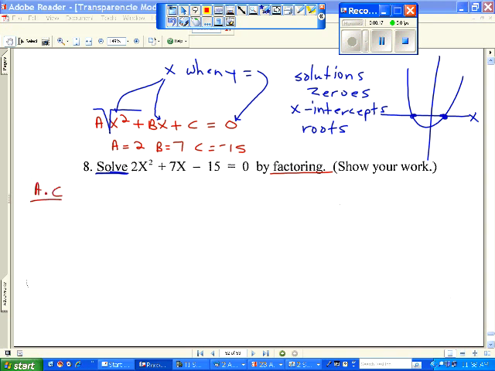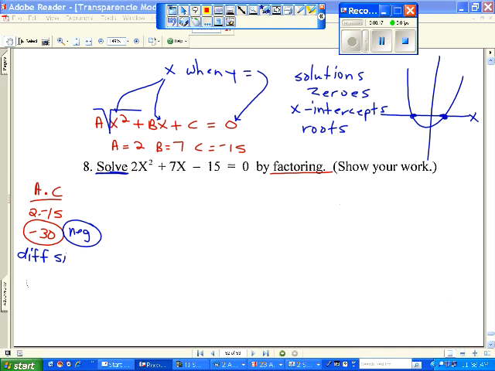Good. So we take our a, which is 2, times our c, which is negative 15, and we get negative 30. We always focus on the signs, and so we realize that the sign of the 30 is negative, which means that the factors that I'm fixing to try to find need to be different signs.